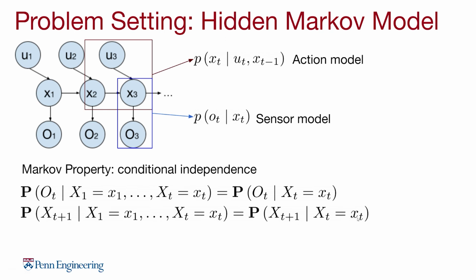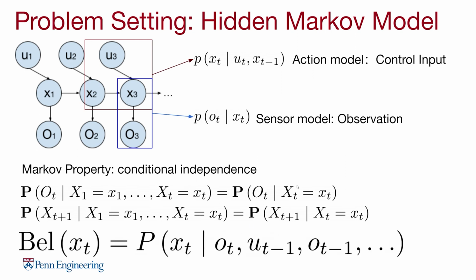Also, if we have the current state, then our future state is independent of the past states as well. It is called hidden because we cannot directly observe the state of the system. The only thing that we can observe is the observation, which is the sensor data. So the state itself is hiding behind the observation. That's why it's called a hidden Markov model.